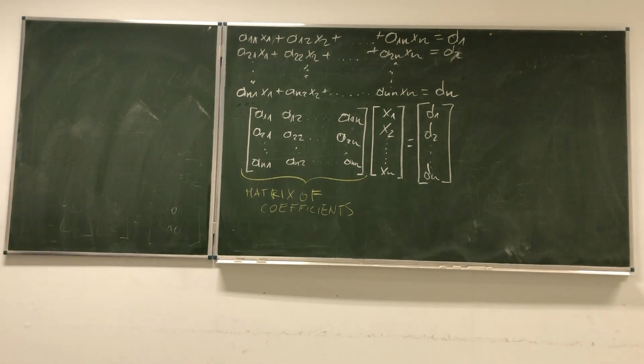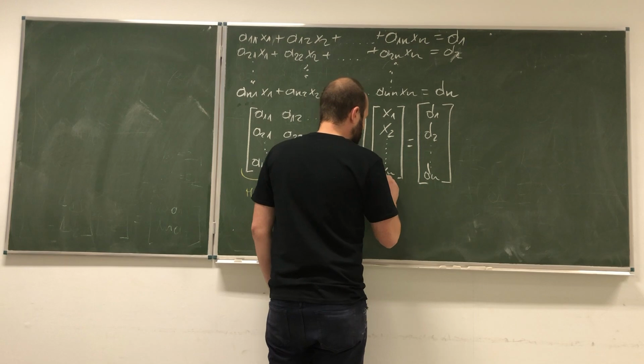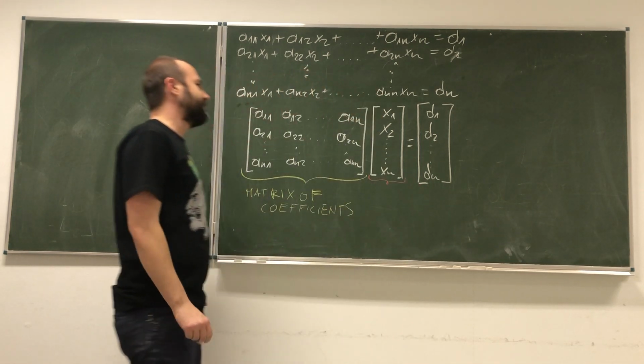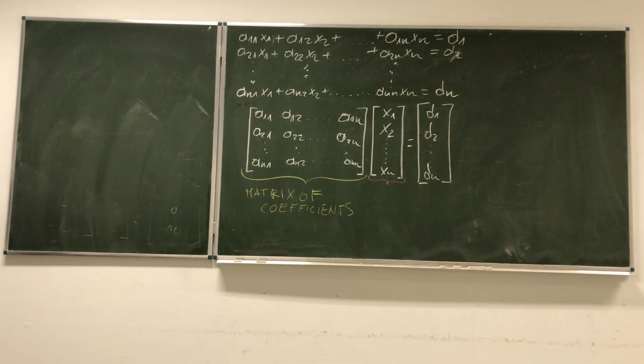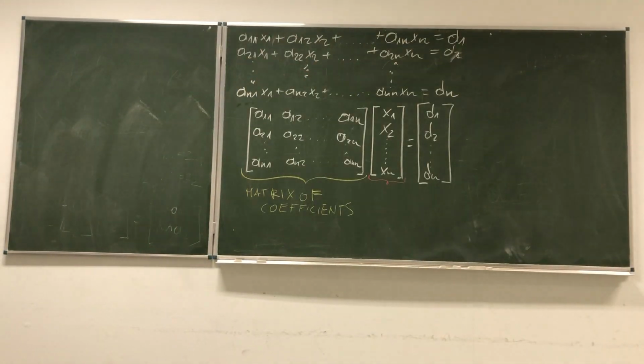Then, next to it, we have all the variables. And normally we would just call it a vector of variables, but we will be using this in different economic problems. So let's right away give the full name that we need.